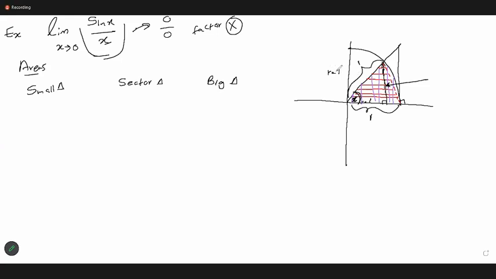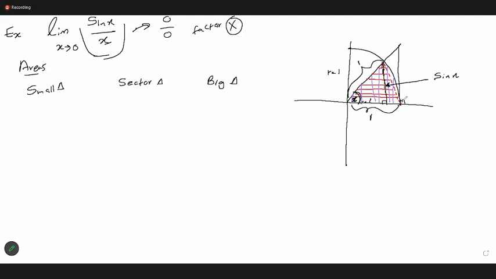What is the value of r? r is equal to 1. This is the unit circle, no? So r times sin x means 1 times sin x, which is sin x. So the height is sin x. Then this one is cos x.